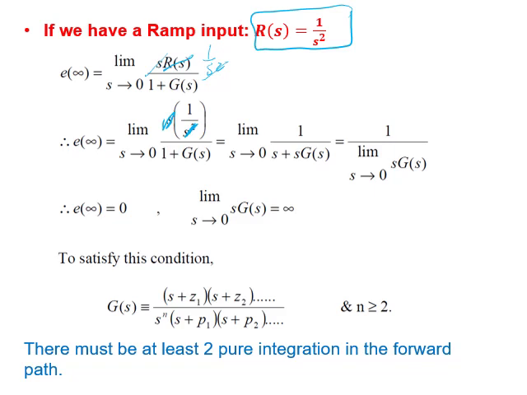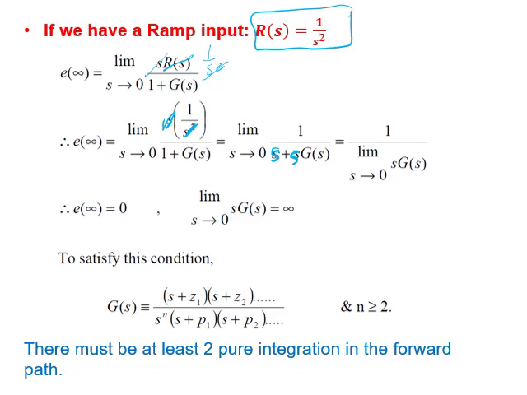If I rearrange it in the equation, instead of 1 over s over this denominator, we can write it as 1 over s into the denominator. So I'm going to have s here and s here. So now it's equal to 1 over s plus s into GS.